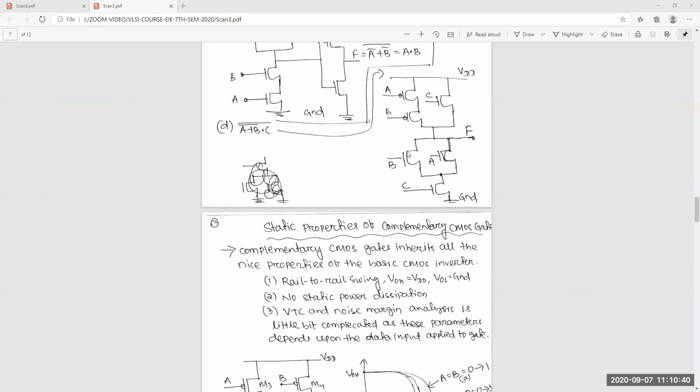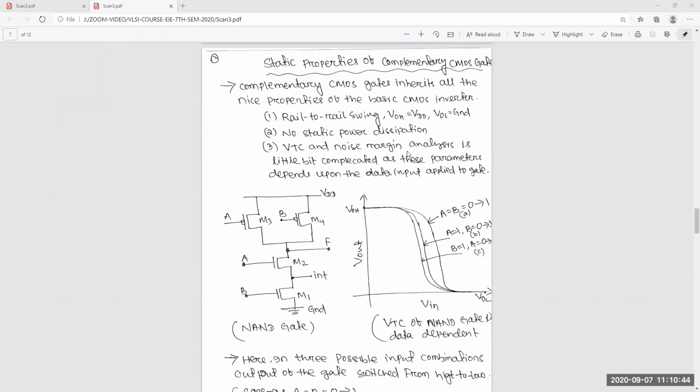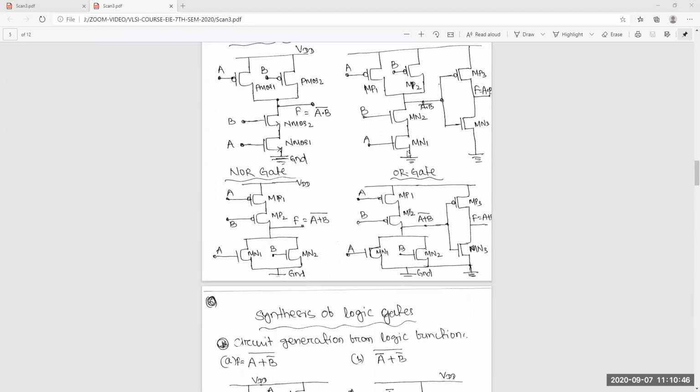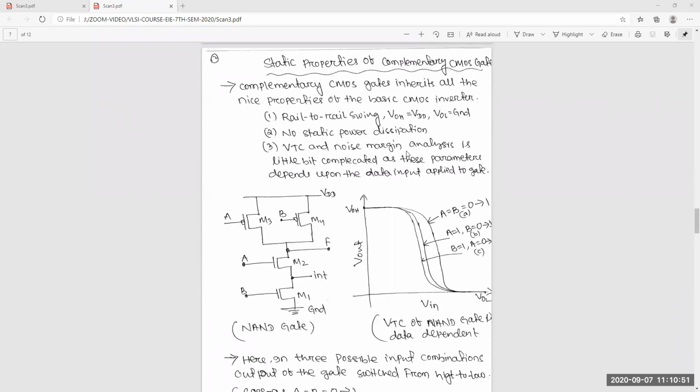So now what we will do? These are the basic things you learn. Now the important thing comes here. Suppose one of the circuits is the NAND gate. You can see this is the static characteristic of the NAND gate.